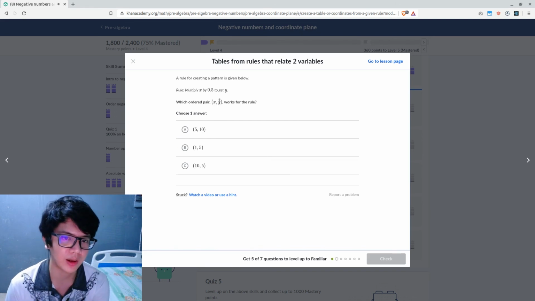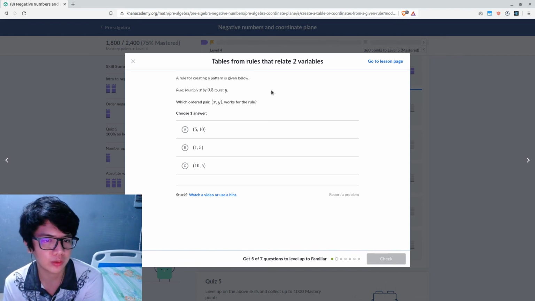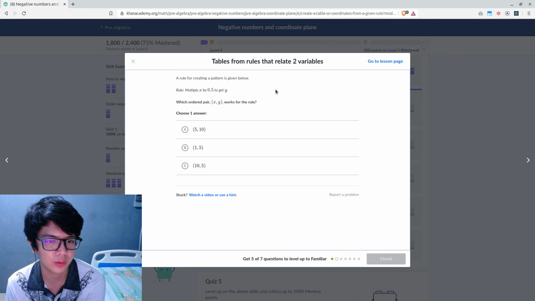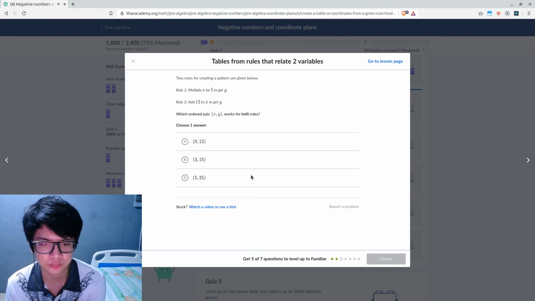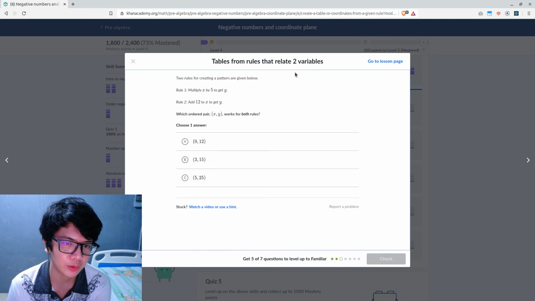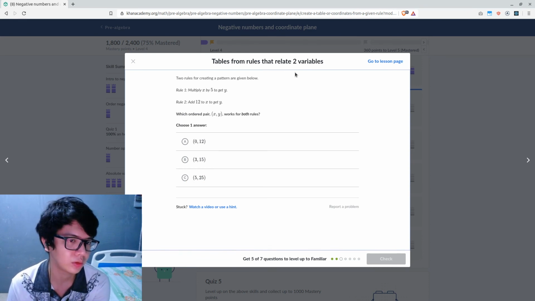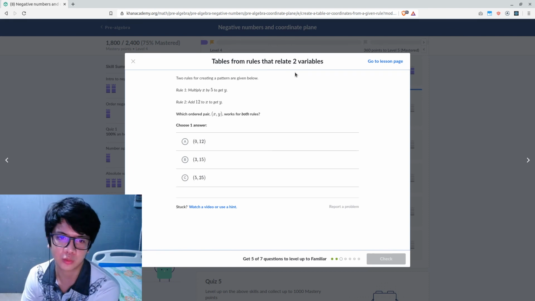A rule for creating a pattern is given below. Multiply x by 0.5 to get y. Which ordered pair works for the rule? Multiply x by 5 to get y. Add 12 to x. Add 12 to x to get y.